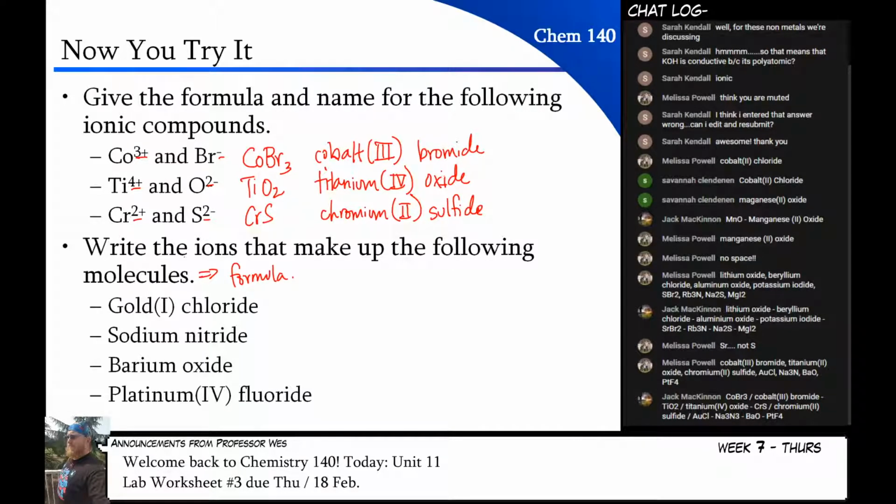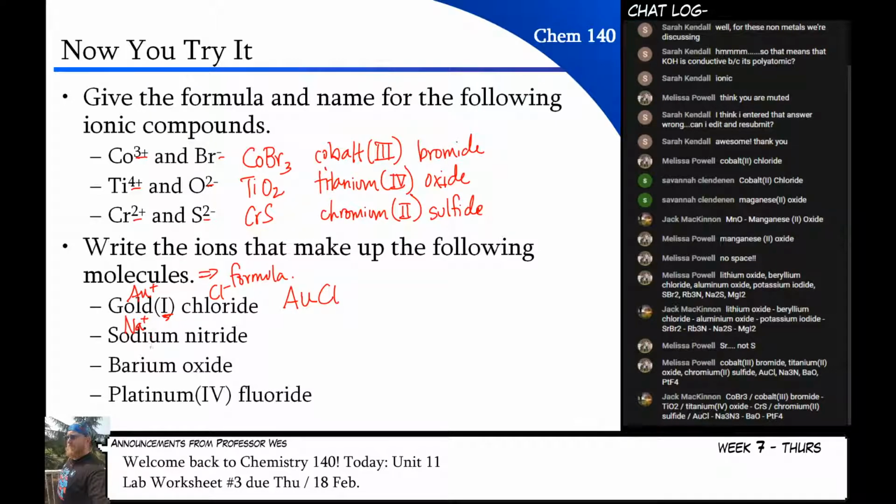Now let's turn the names into formulas through ions. So gold is Au, and this (I) implies it's +1. Chloride is Cl-, so this must be AuCl. Sodium is Na.